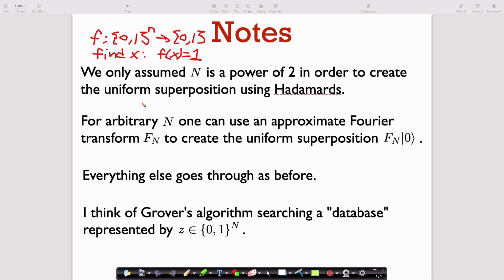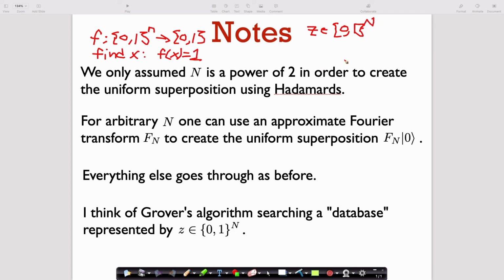So in applications of Grover's algorithm, you usually think of it a bit differently. Usually we think of the input to Grover's algorithm as just a Boolean string z. So it's just a capital N bit string.